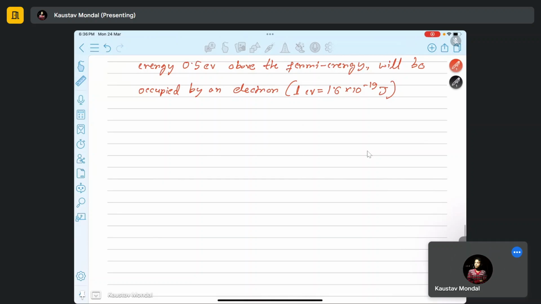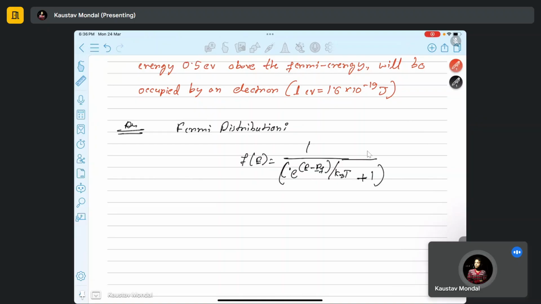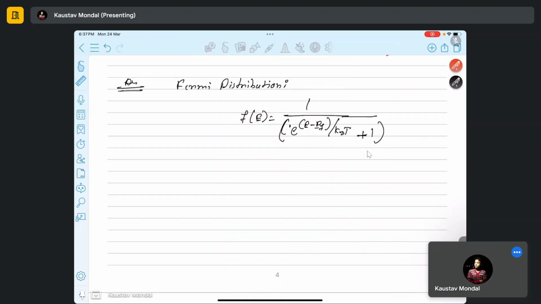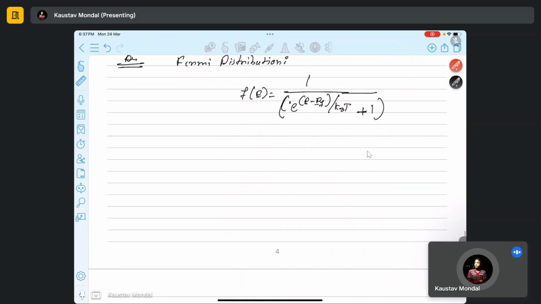So let's first write the Fermi distribution function that you already know. F(E) equal to 1 by e to the power (E minus EF) by kBT plus 1. Now here the probability at that particular state would be 0.01.